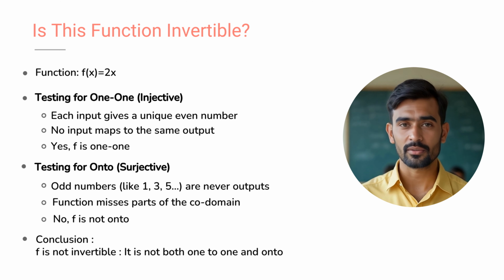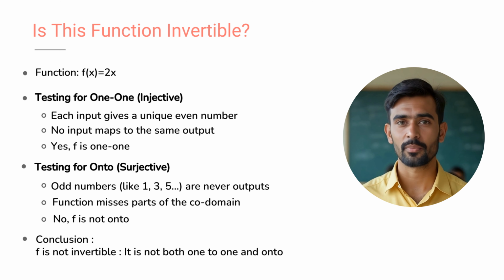Is it onto? No. Because some numbers like 1, 3, 5 are odd, and they'll never be reached by multiplying by 2. So the function misses parts of the codomain. That means it is not onto. Since f is not both one-to-one and onto, f is not invertible.